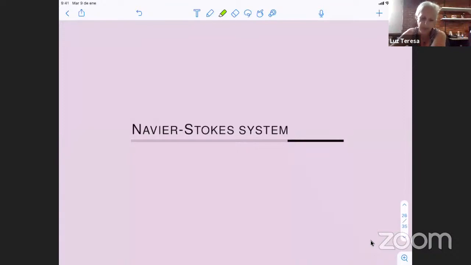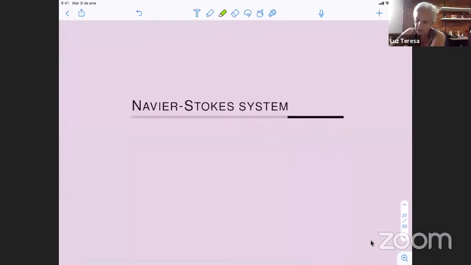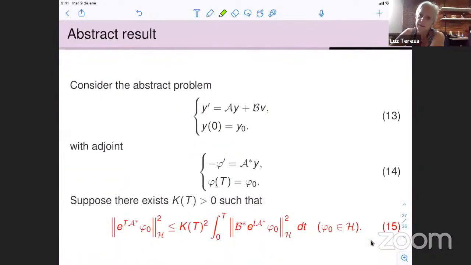So just to finish, I want to show you the idea in the case of the Navier-Stokes system. So the idea is the following. In an abstract setting, imagine that you want to control this system. So you are working on Hilbert spaces, you have semigroups, and you have a B that is an unbounded operator there.